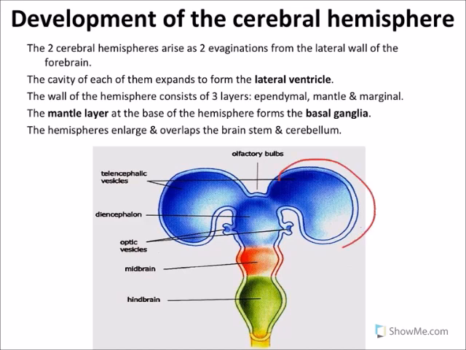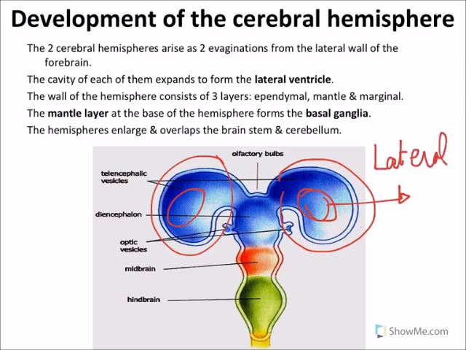They are developed from the telencephalic vesicles, which are developed from the proximal part of the neural tube, the prosencephalic vesicle, and the cavity which will be developed inside these telencephalic vesicles will give rise to the lateral ventricle inside the cerebral hemisphere.